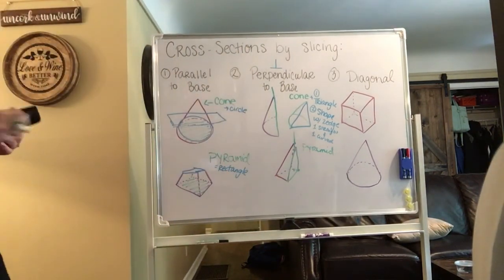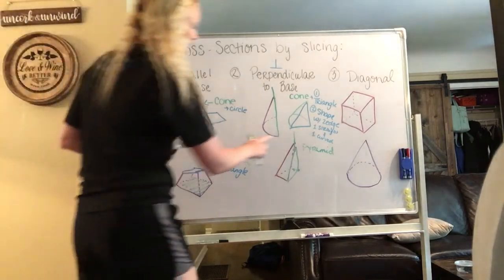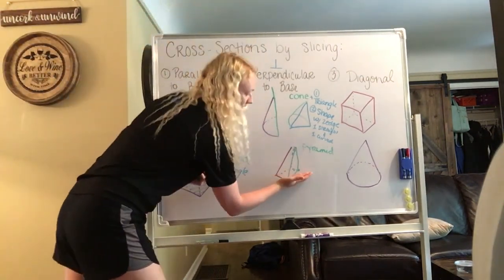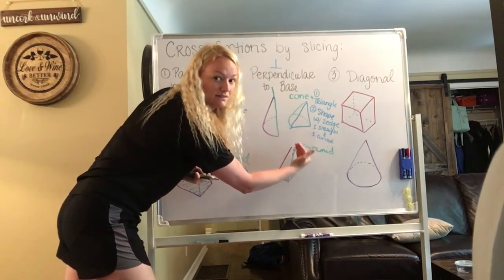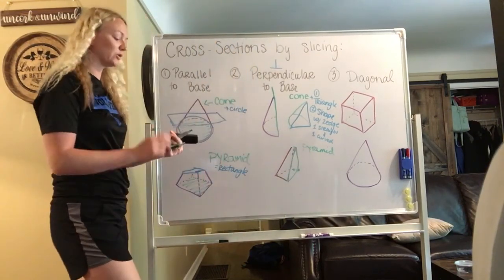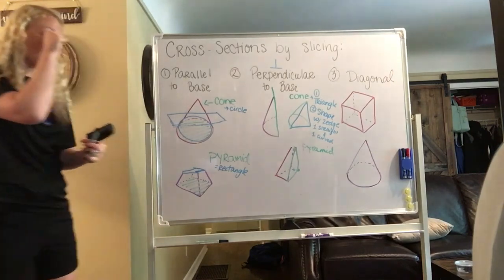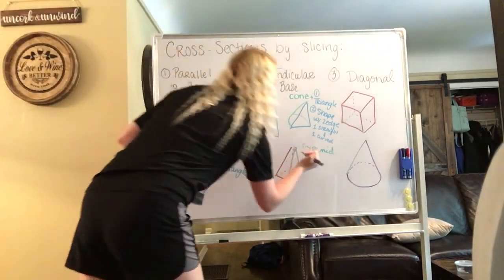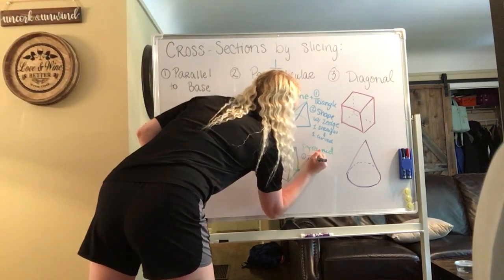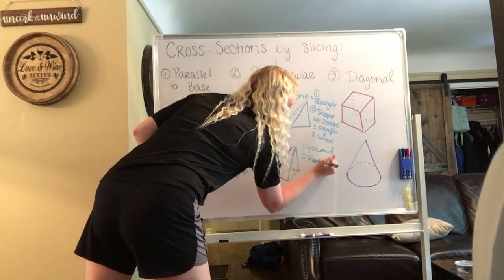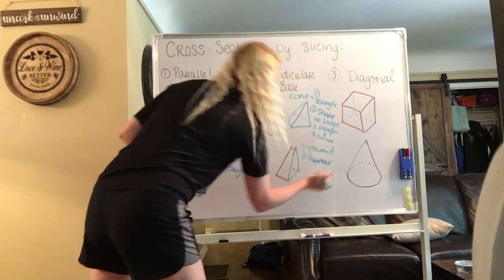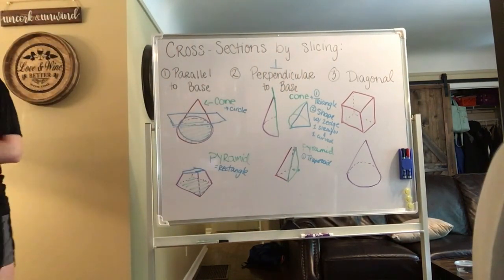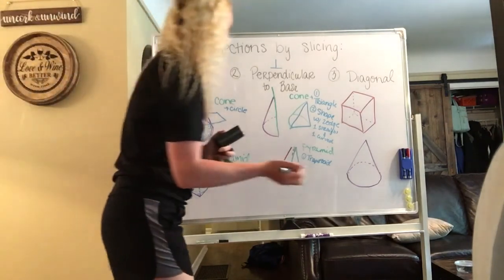So we talked about this piece a little bit earlier, how this shape right here, the two parallel sides, that's your trapezoid. This one also will produce two shapes, okay? So we have our pyramid. One of them is that trapezoid. You can kind of see there, okay? The second one is a triangle.